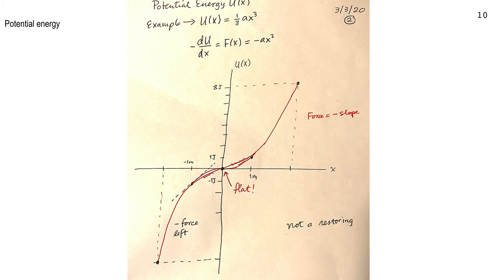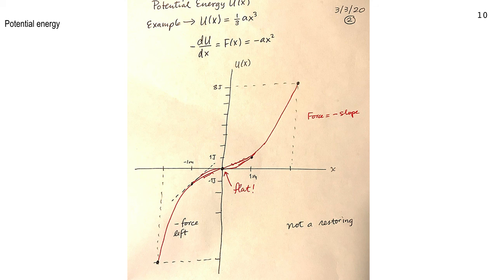Now that's related to the work integral, so let's work that out first. That's equal to the integral from 1 to 2 meters of minus a x squared times dx. In that expression, my i dot i is just turned into a 1, which I don't even have to write down.